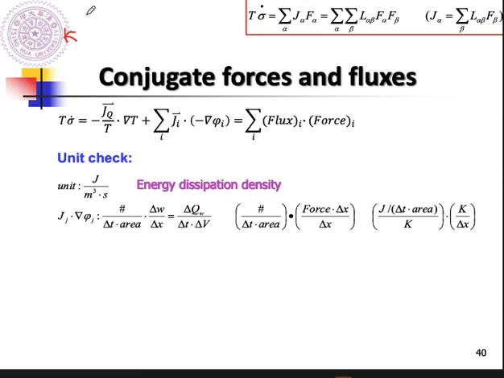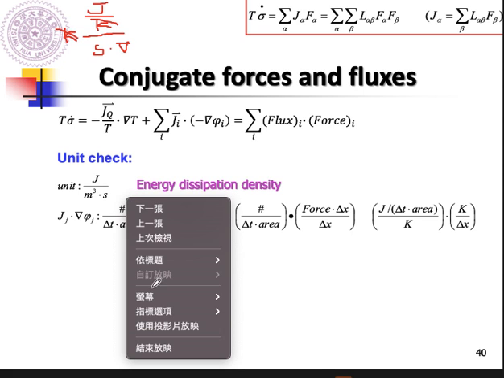The unit for entropy involves K, because it is the change of the heat flow at temperature T, right? So it's like this. Then this is the entropy production rate, per time per volume. So you can simply drop this term. What you get is joules per second per cubic meter. Okay, so this is the unit we got.